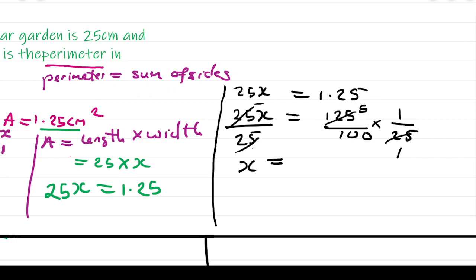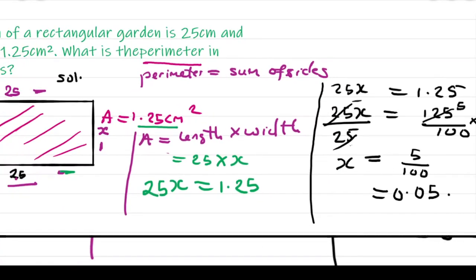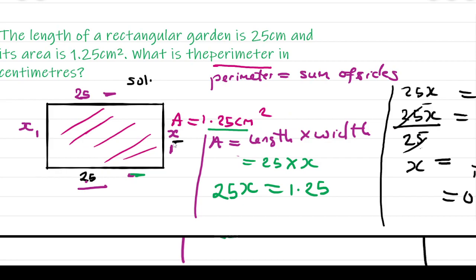So what you have is 5 over 100, and this is just 0.05. So the distance of this side here, this x here, is 0.05.